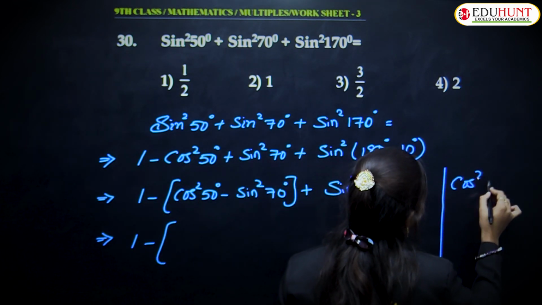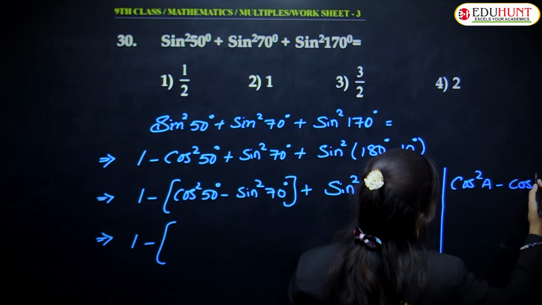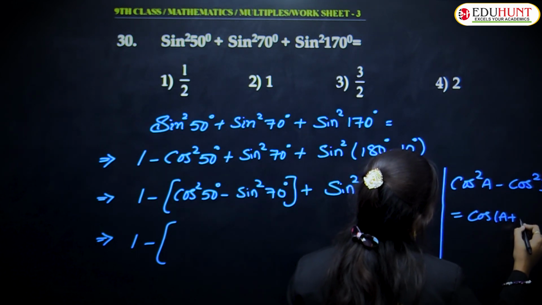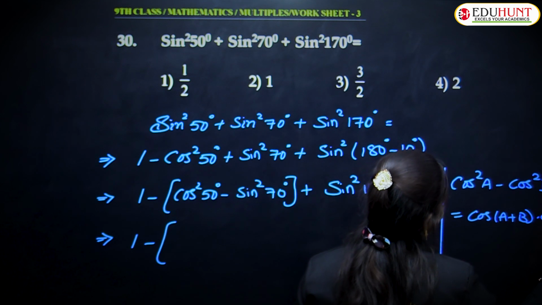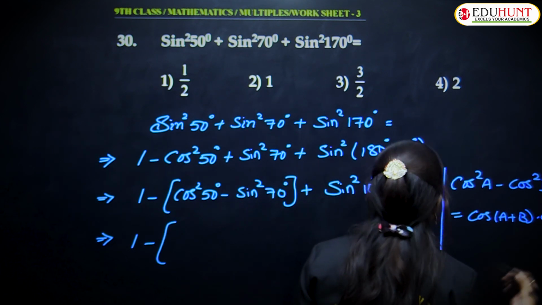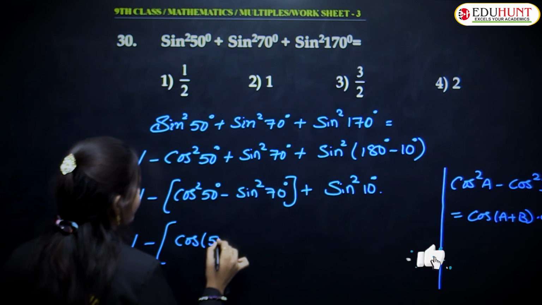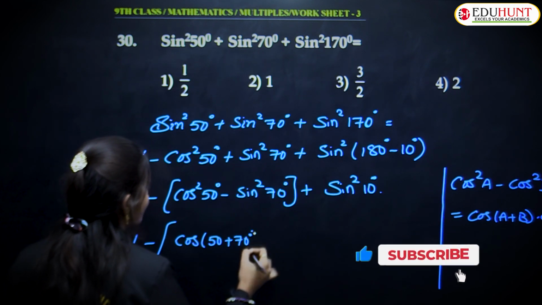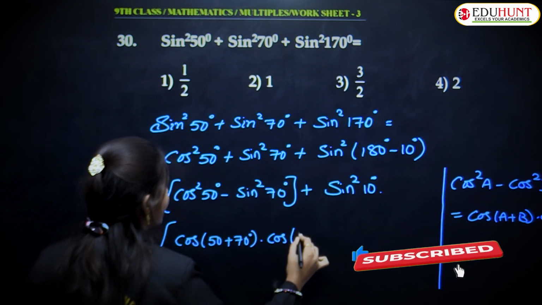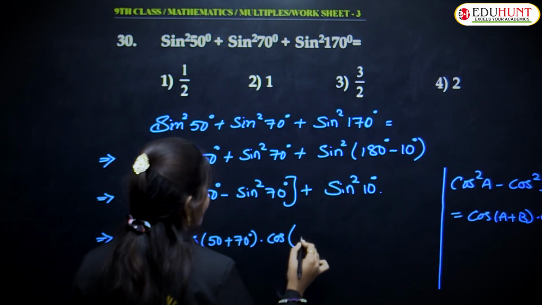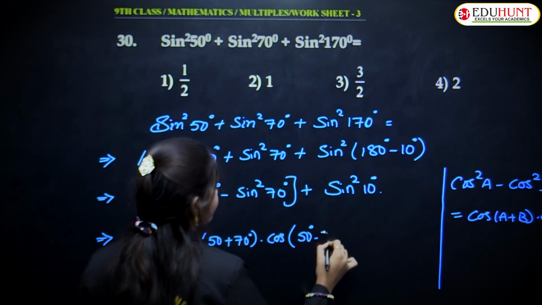Again I am writing here, cos square A minus sine square B is equal to cos of A plus B into cos of A minus B. Okay, so cos of A plus B, 50 plus 70 degrees, into cos of A minus B.